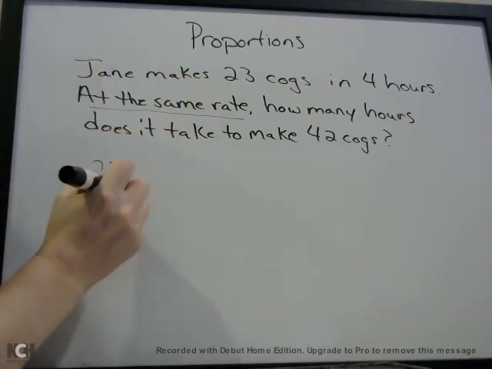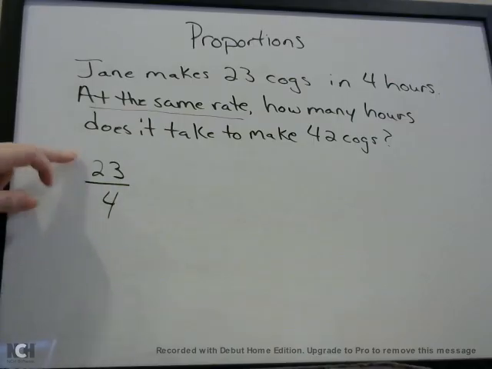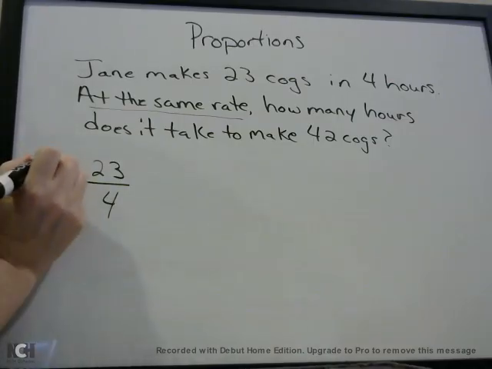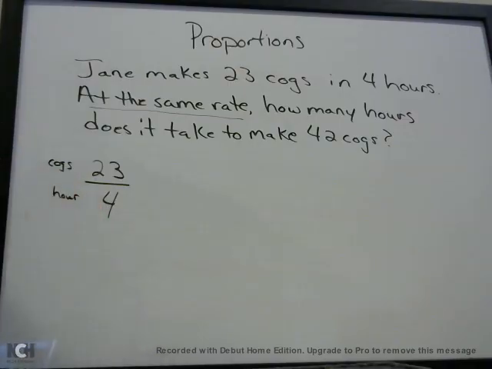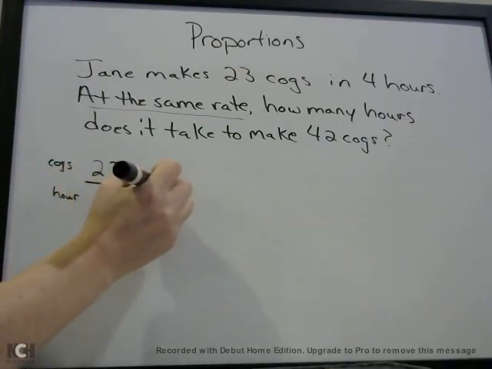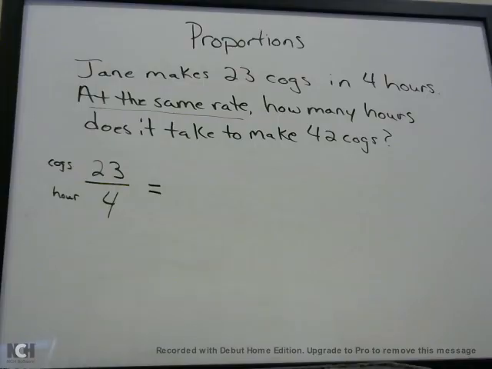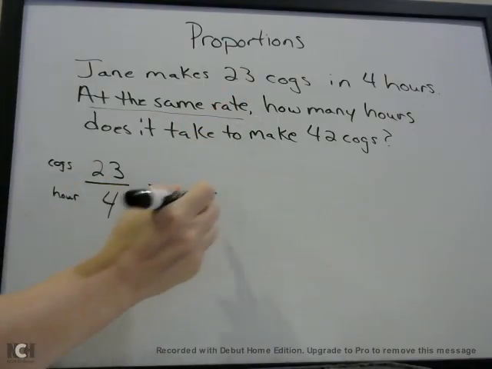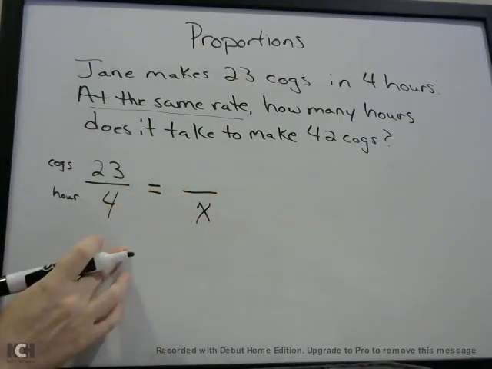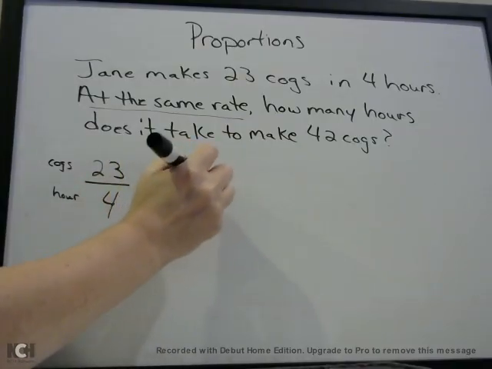So again, it doesn't matter which one you put on top or which one you put on the bottom, but you have to be consistent when you go into your second ratio. So that's going to equal how many hours does it take, so we again don't know how many hours it takes to make 42 cogs.